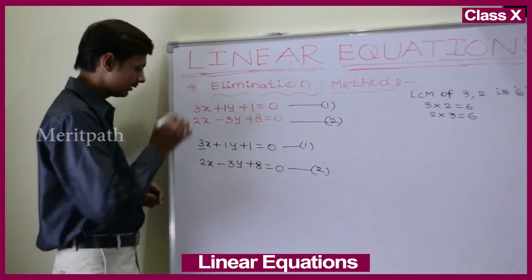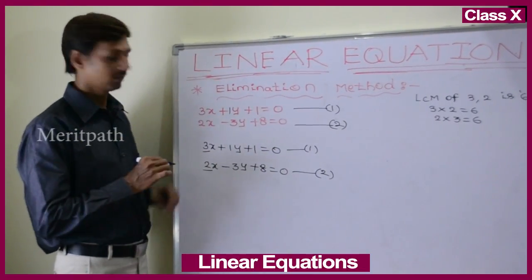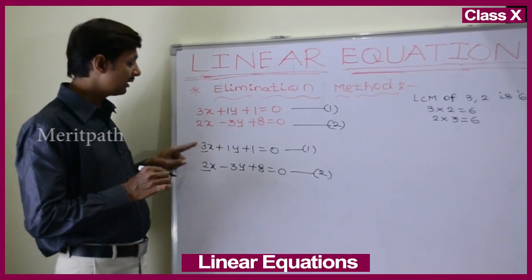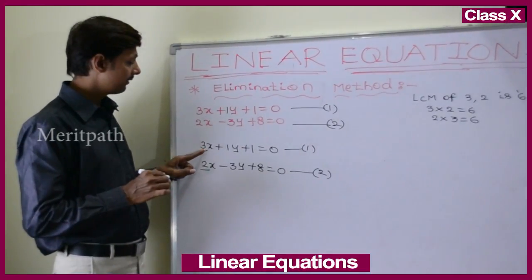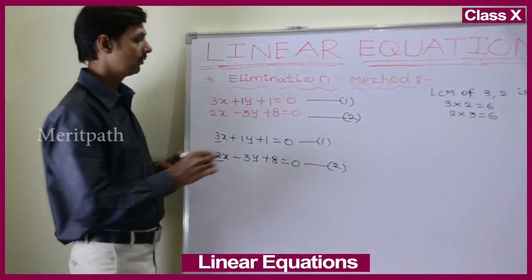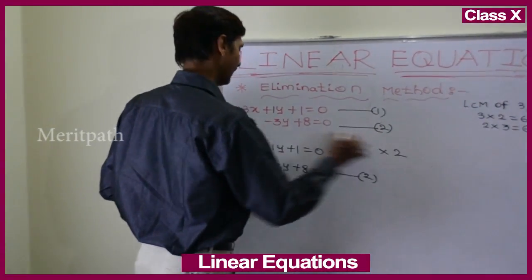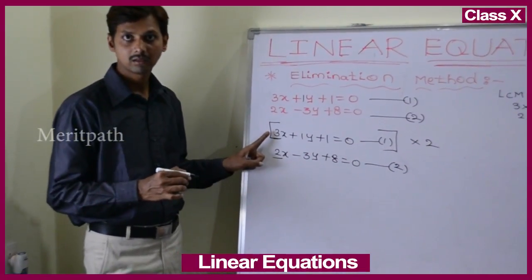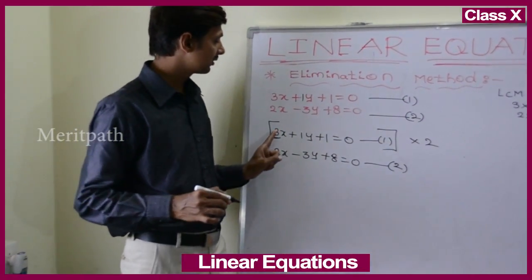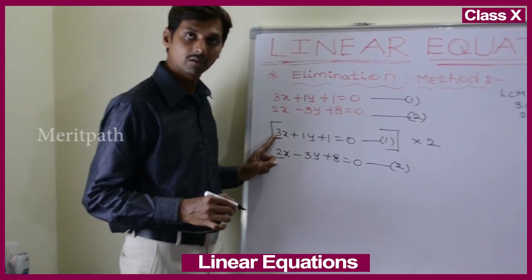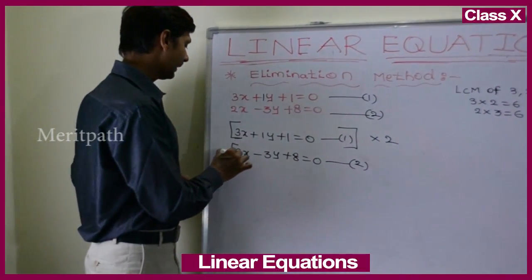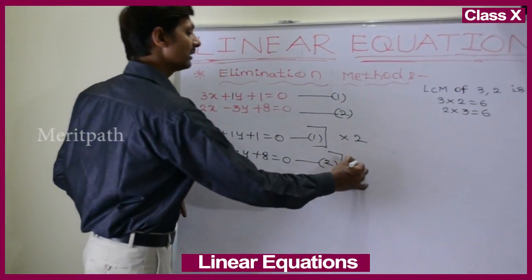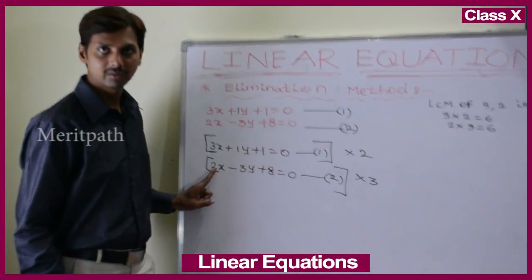Here there is 3 and there is 2. To get the same number for both equations, when we multiply the first equation by 2, we get 6 here, since 3 twos are 6. And if we take the second equation and multiply by 3, we get 6 here.